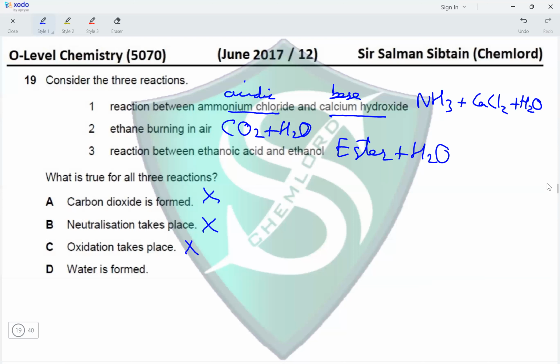Water is formed. So, water is formed in reaction 1, water is formed in reaction 2, and water is formed in reaction 3. So, this statement is correct, that water is formed in all 3 reactions, making option D the correct option for this question.